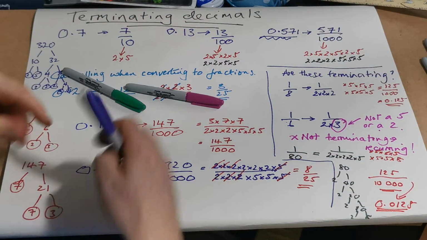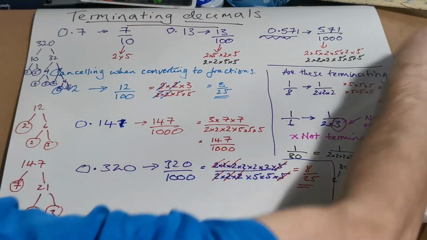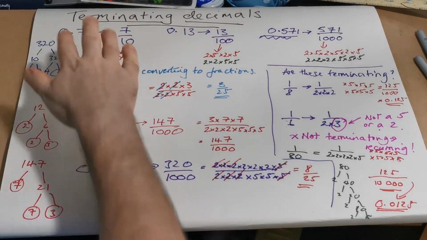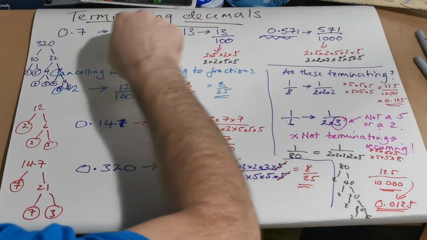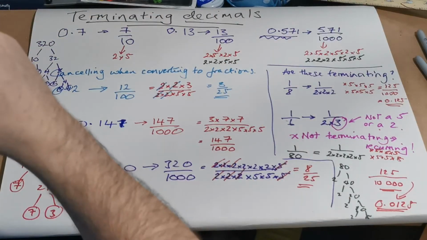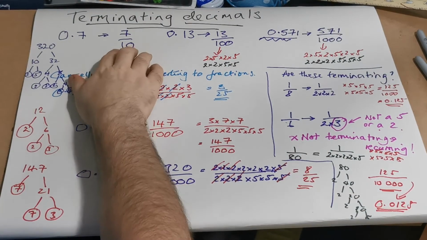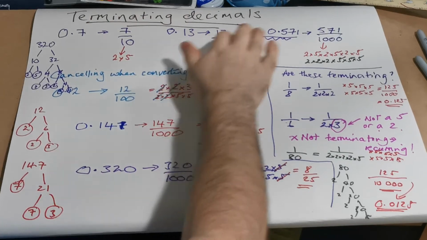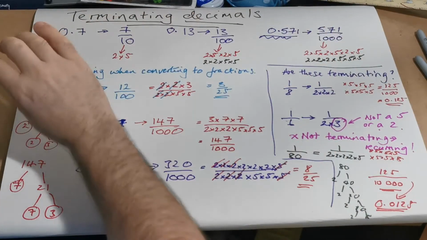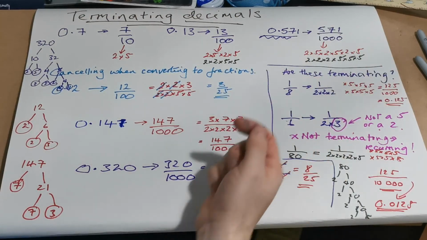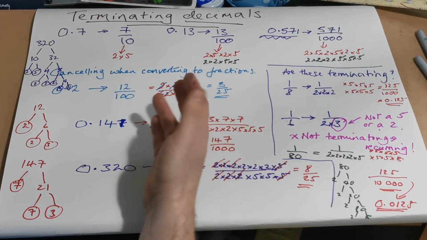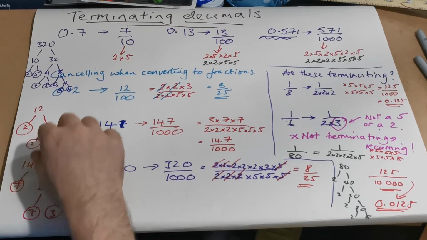So this is something I've been thinking about for a while, so hopefully it's come across quite well. When you look at decimals that just stop and are not going on forever and ever like pi or something like that, you'll find that they have got a 10, a 100, 1,000, a 10,000, 100,000, a million, 10 million, etc. in the denominator. Now each of those numbers is made up by times in tens together, and a 10 is 2 times 5.